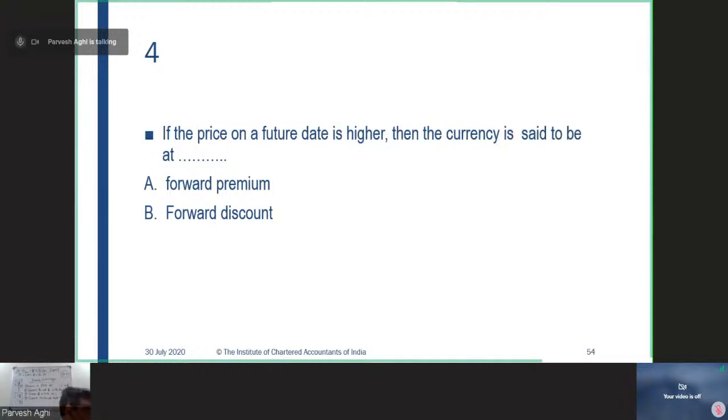A or B? If the price on a future date is higher, then the currency is said to be at premium or discount. Can I have answers from you, please?